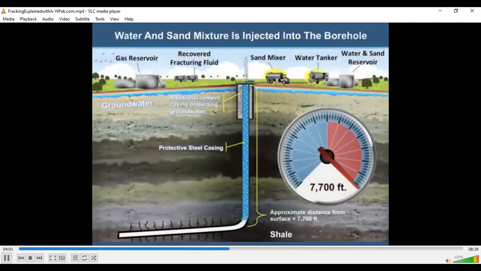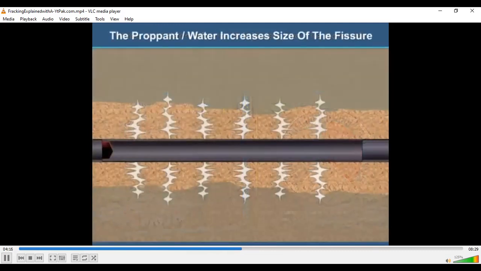The water and sand mixture, or proppant, is injected into the borehole and travels down the depth of the borehole into the shale layer. The pressure caused by the water mixture allows the fissures to expand.